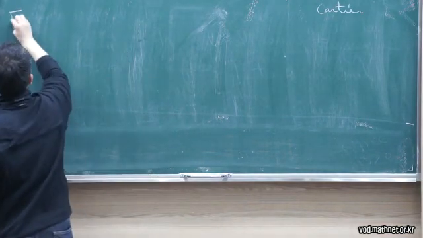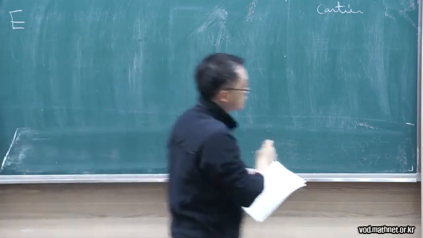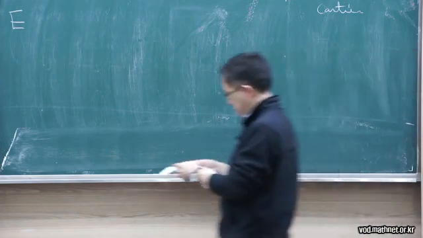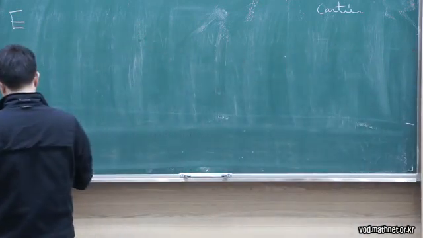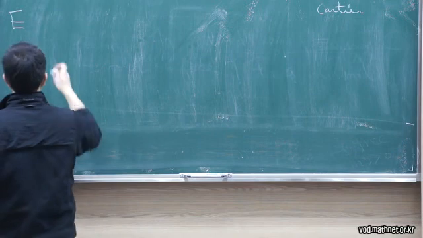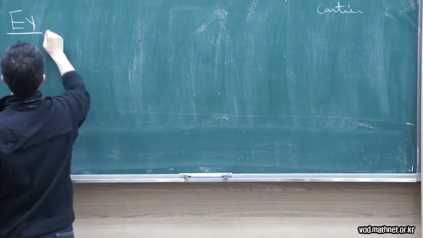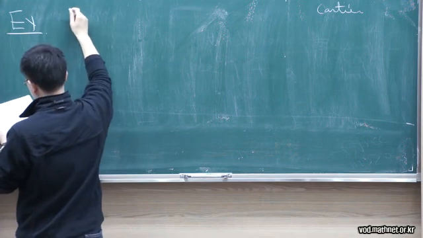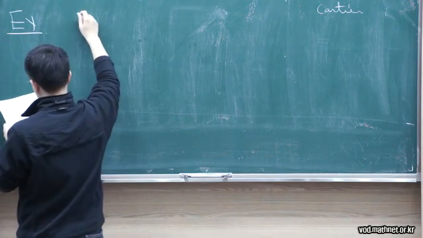Oh, and of course there is an example of a variety which is not Q-factorial. This is also in Hartshorne's book.